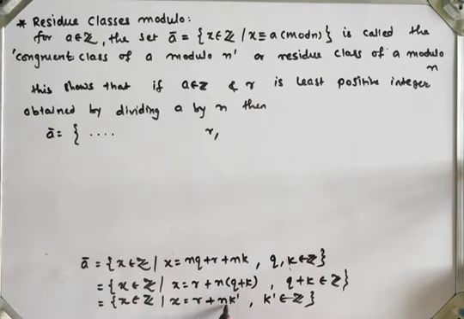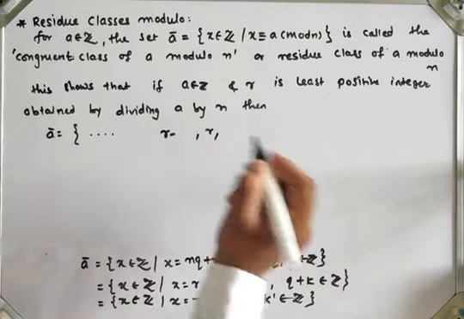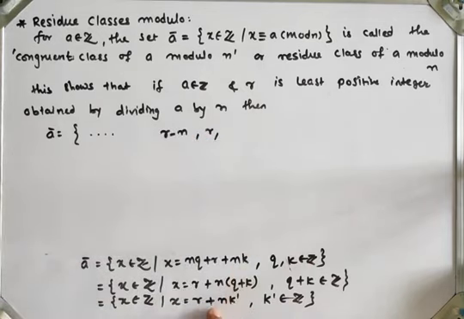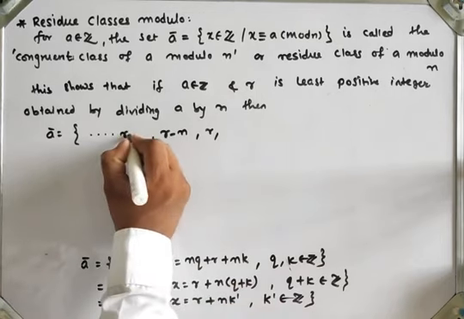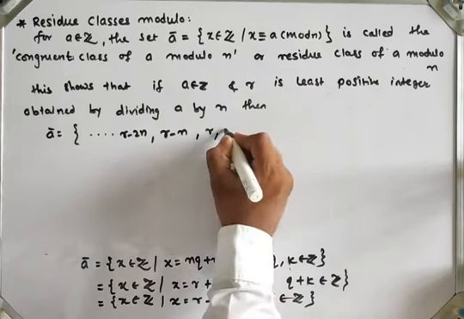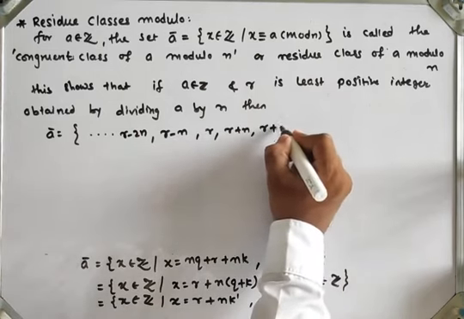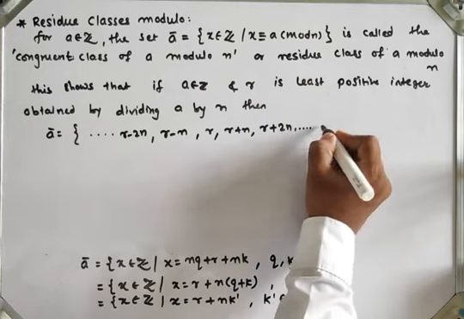If I put k equal to -1, then we will get r minus n. If we put k equal to -2, then we will get r minus 2n. And here if I put k dash equal to 1, then we will get r plus n. If k dash is equal to 2, then we will get r plus 2n, and so on.